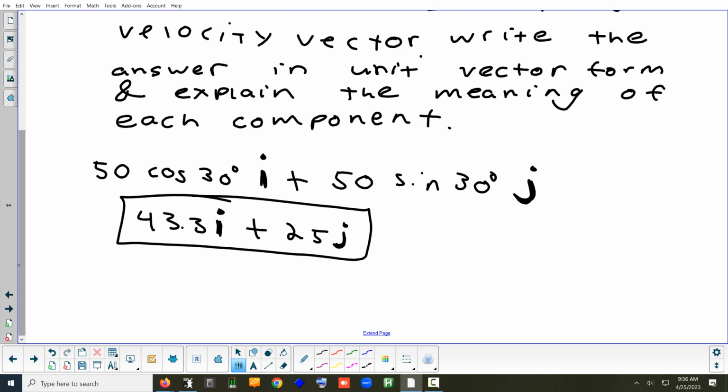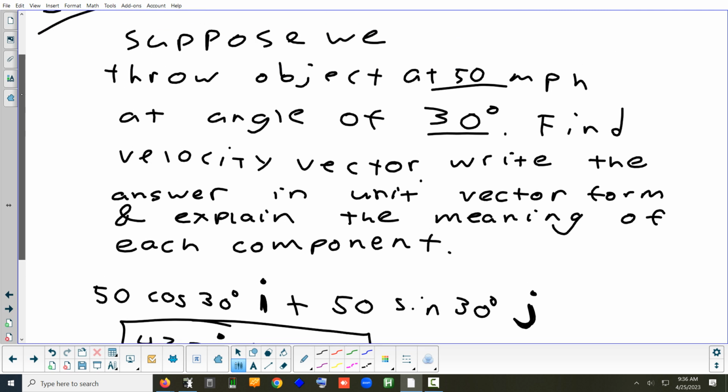The last thing it says is to explain what each of those numbers mean. The 43.3, which component is that? Horizontal. And specifically, that's what we call the horizontal speed. So you're like, wait, why is it horizontal speed? I thought the speed was 50 miles an hour.